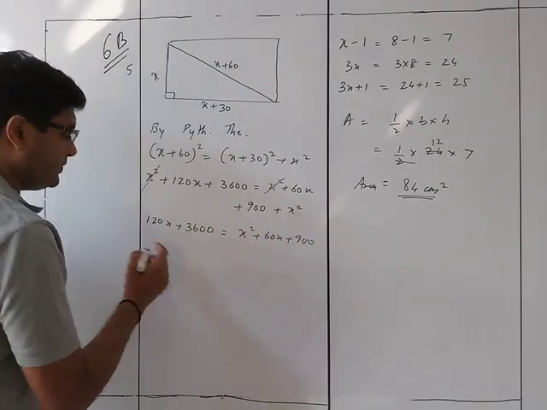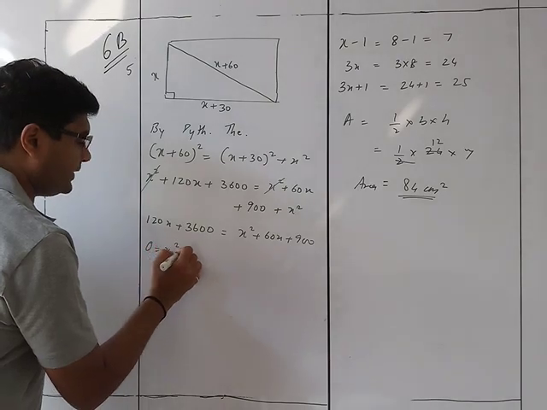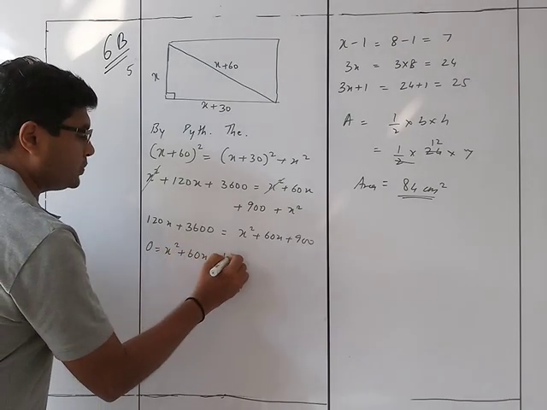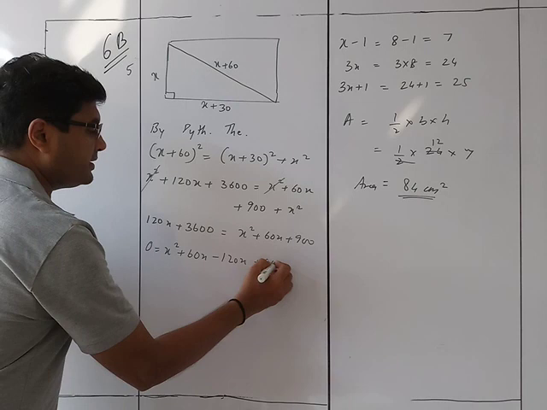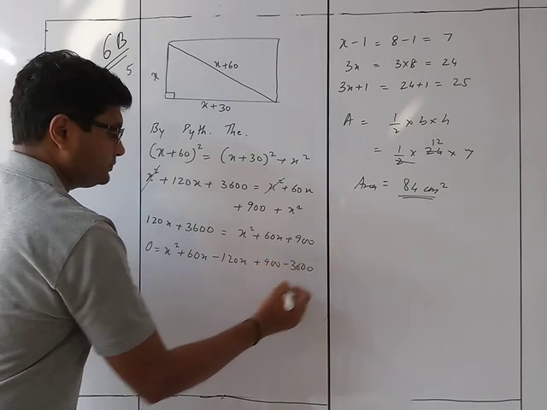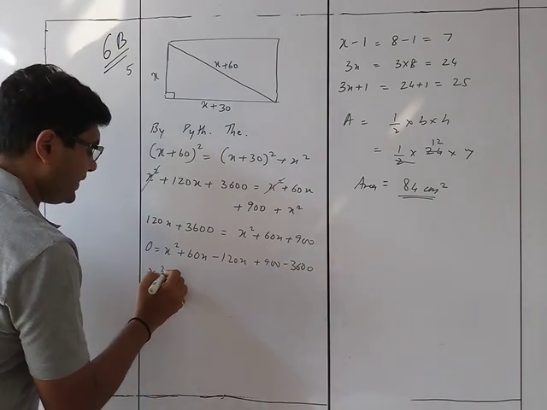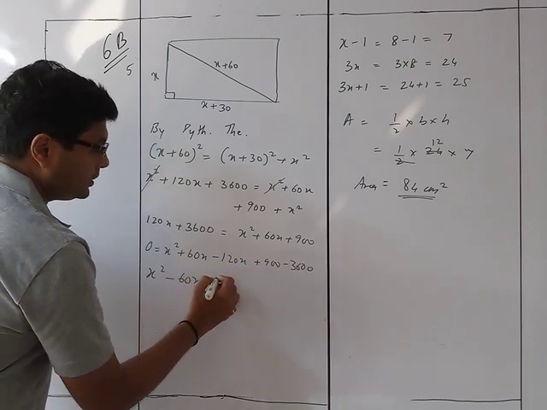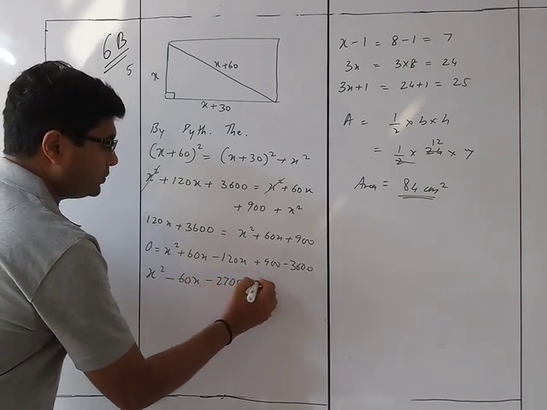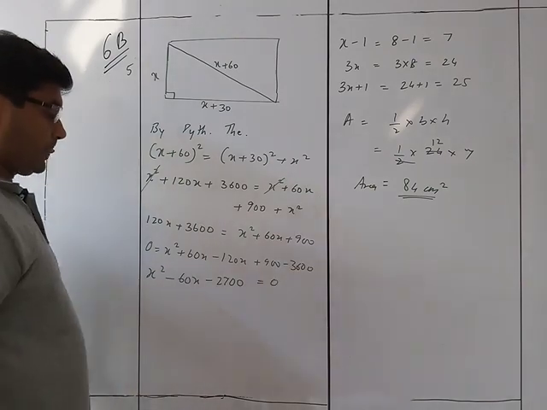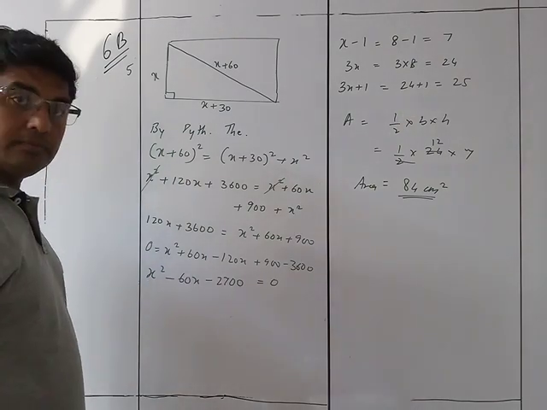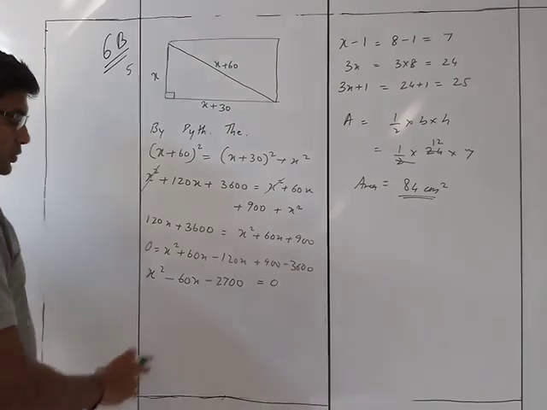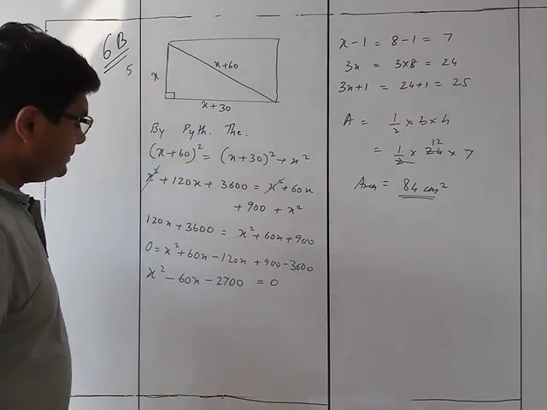Bringing everything on one side, we have 0 is equal to x square plus 60x minus 120x plus 900 minus 3600. So that gives me x square minus 60x minus 2700 is equal to 0. Clear? 2700 and 60.